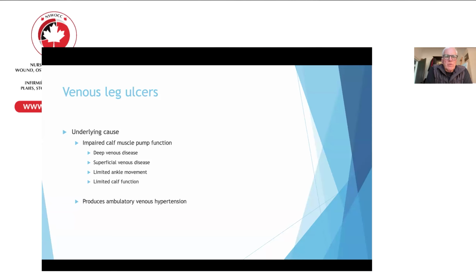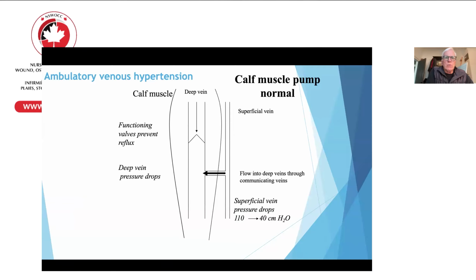That impaired calf muscle pump function can be caused by problems in the deep veins, problems in the superficial veins, sometimes limited ankle movement and limited calf muscle pump function. And that overall produces a higher pressure in the superficial veins in particular when you're ambulating. And I'll just quickly go through how that actually occurs.